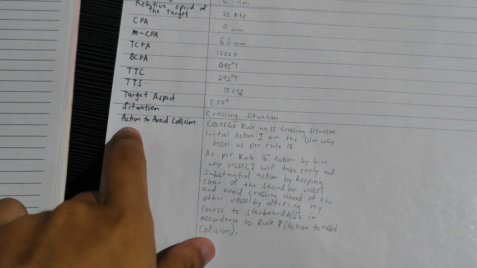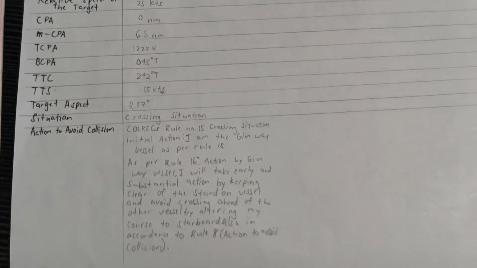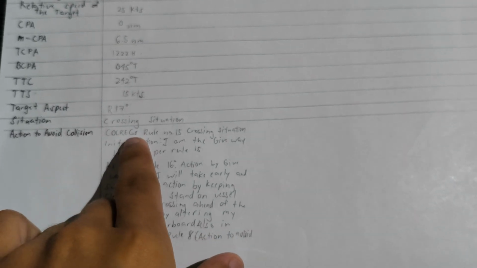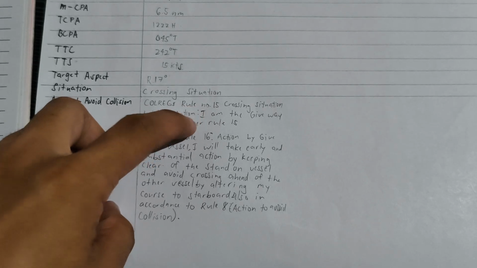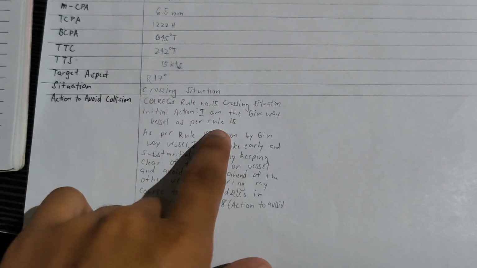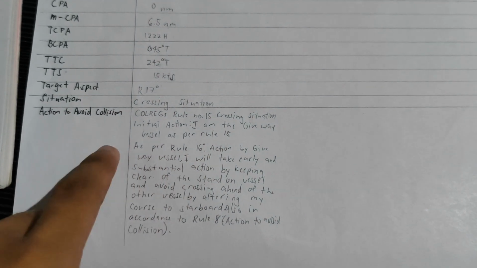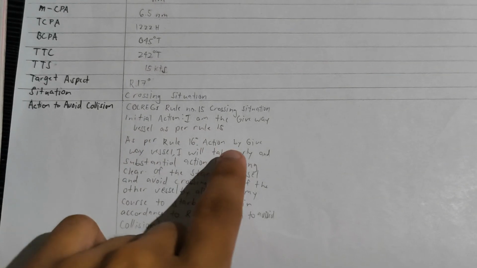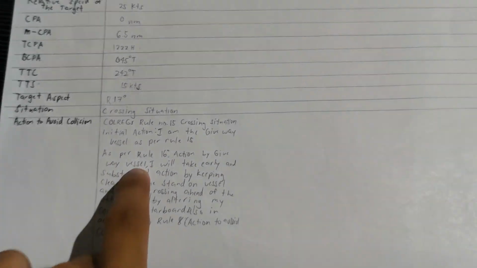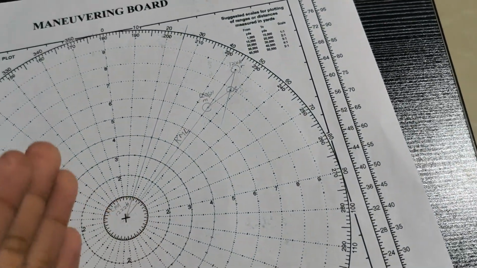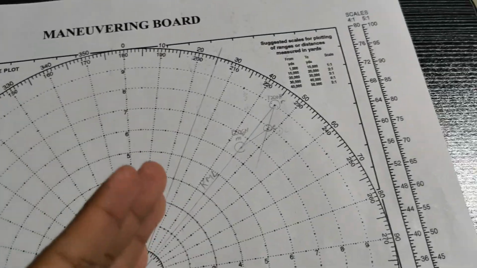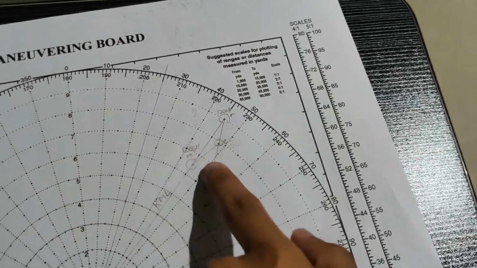Your action to avoid collision is always based on the COLREGs. COLREGs Rule 15, crossing situation, initial action. I am the give-way vessel as per Rule 15, since you have the target on your starboard side.